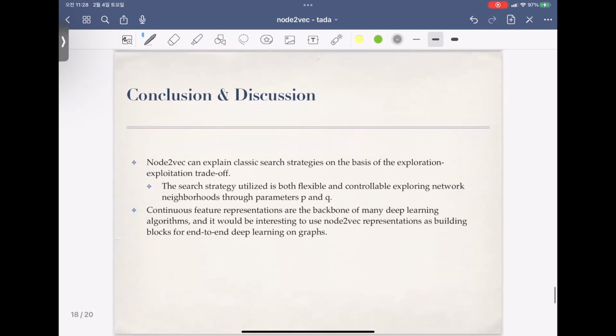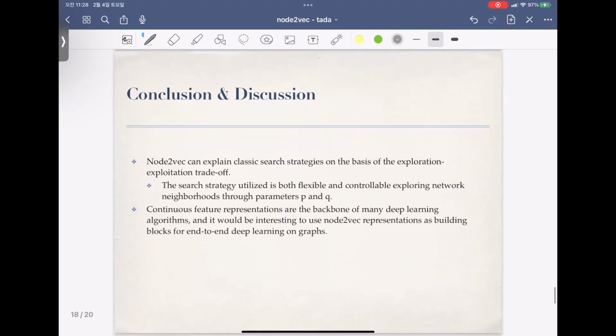So to conclude this presentation, I want to re-emphasize how Node2vec can explain both the exploration and exploitation trade-off by having a controllable factor such as P and Q. And the authors mentioned that they would like to look further into continuous feature representations.